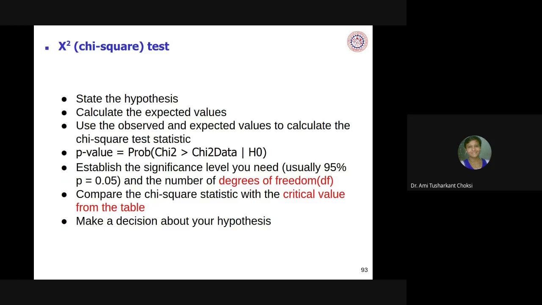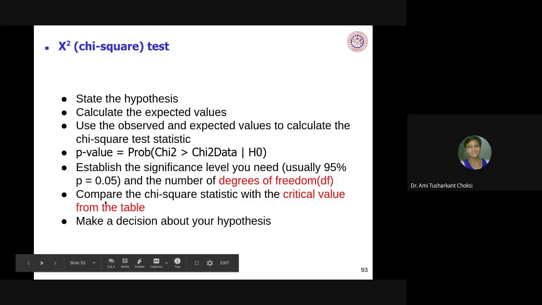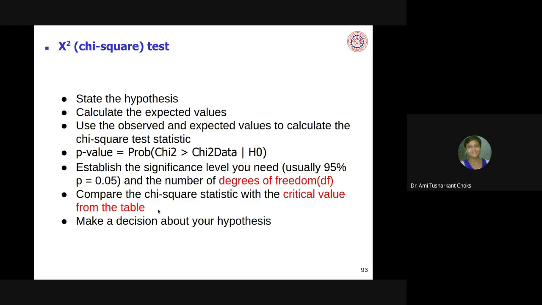Establish the significance level, usually 95 percent. That means the p value, the probability value, is equal to 0.05, and the number of degrees of freedom, that also we will see. Compare the chi-square statistic with the critical value from the table. We have to calculate the chi-square value from the equation we have seen, and find the critical value from the table.